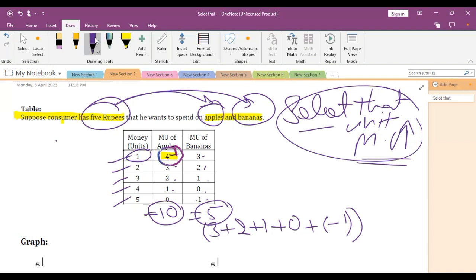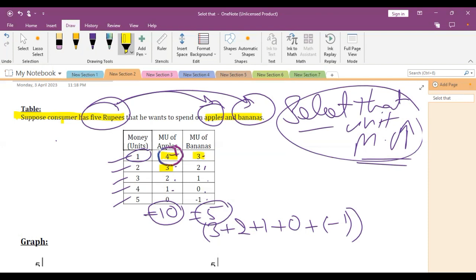Secondly, we will study which gives more utility. Apples give utility of 3 as well as bananas give the same level of satisfaction. When the level of satisfaction is the same, then he thinks that he has already consumed 1 rupee on apples in order to have marginal utility of apples 4.